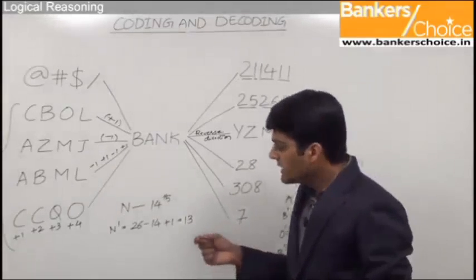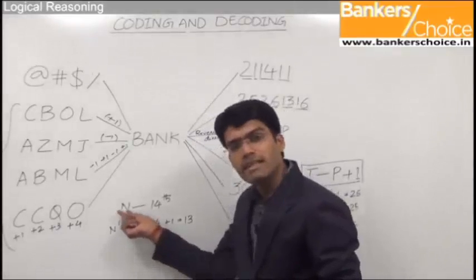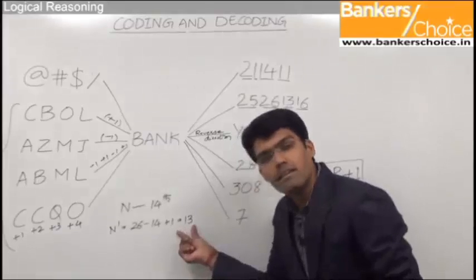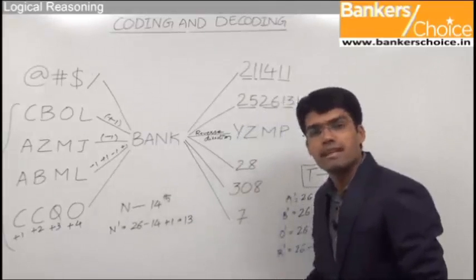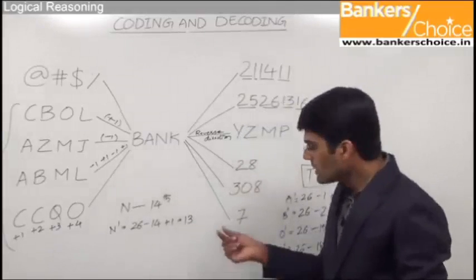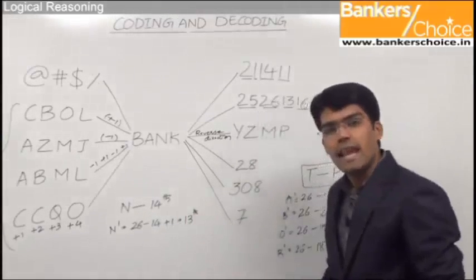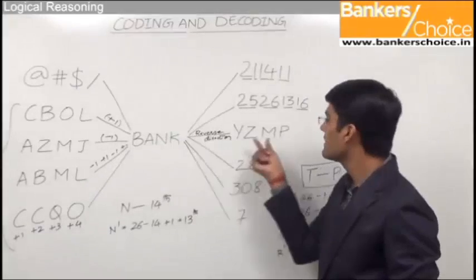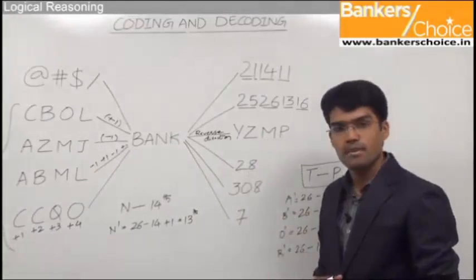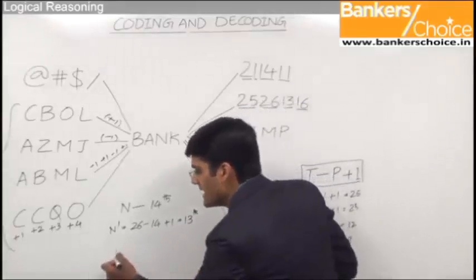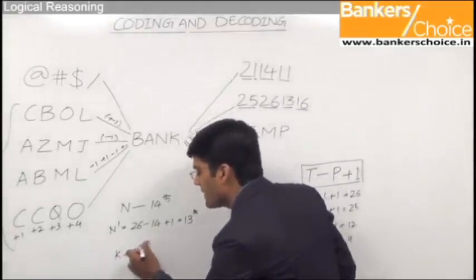Now to find out the letter which comes in place of N in the reverse direction, we can simply take the 13th letter which comes from the alphabetical order, that is in the forward direction. And we know that the 13th letter from the forward direction is M. The letter N here is replaced with M. Let us do the same thing for the letter K. We know that K is the 11th letter in the alphabetical order.